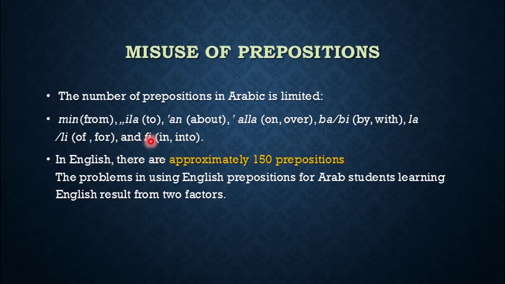So the problems in using English prepositions for Arab students learning English result from 2 factors. Now he's specifying these 2 factors, or the ones who conducted this study specify 2 factors that cause the problem.